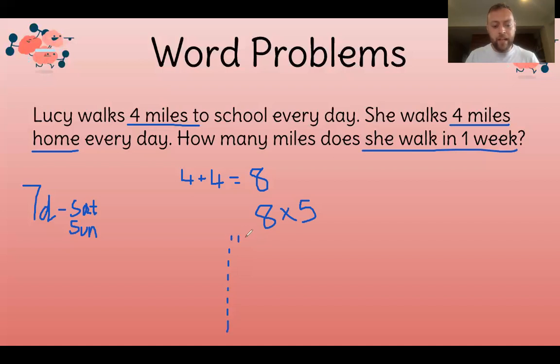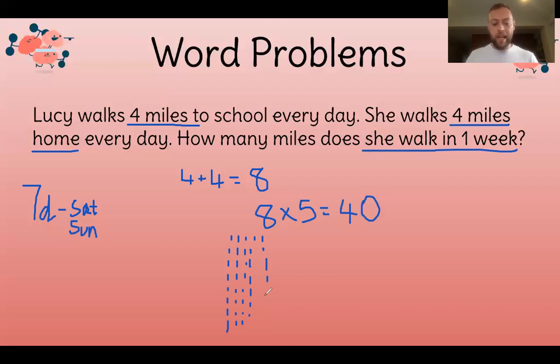And then I need 5 days. 1, 2, 3, 4, 5. This takes forever to do. And I'm not doing a very good job of keeping it nice and neat, which is going to make it confusing when I count. But remember, I know what 10 times 8 is, so I'm going to halve my answer. And my answer is 40.